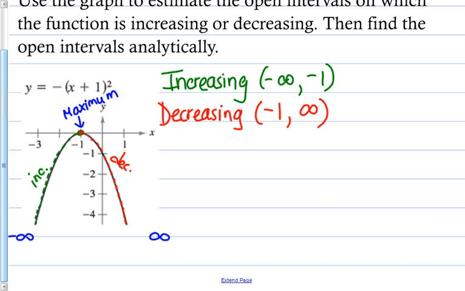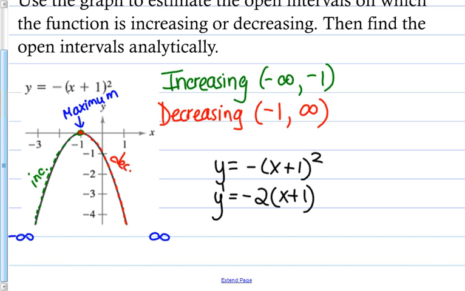You take the function y, I'm going to write it again over here, and you differentiate it. So I get negative 2 times x plus 1 times the derivative of x plus 1, which is 1. So there's my derivative. Well, let me distribute the negative 2. I take my derivative and I set it equal to 0.